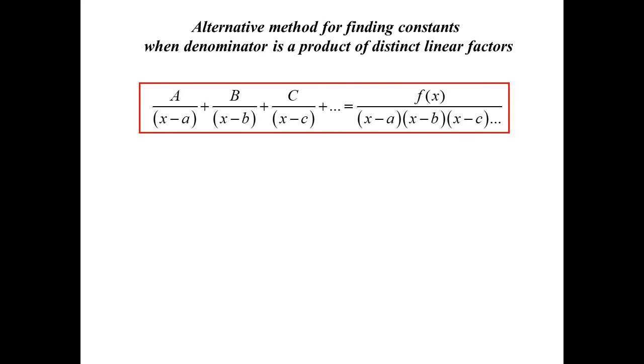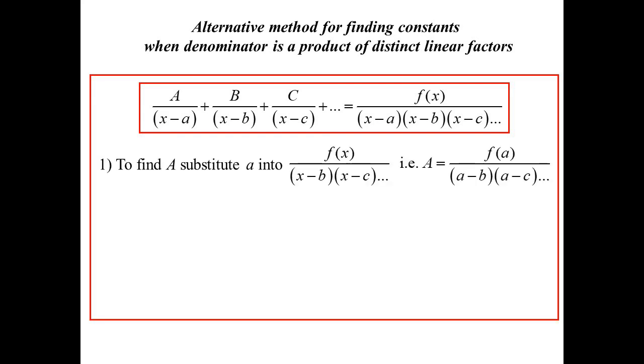There is an alternative way, which you're going to love, because it involves writing no working out. It's sometimes called the cover-up method. You have rewritten your fraction, and in this case they're all linear factors. So whatever the function was on top, we've ended up with a on x minus a plus b on x minus b plus c on x minus c.